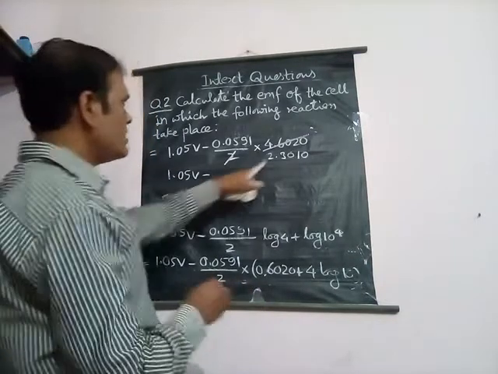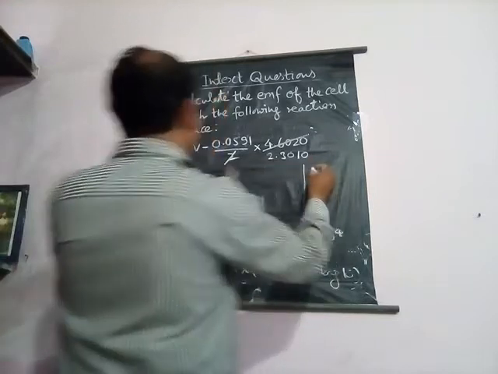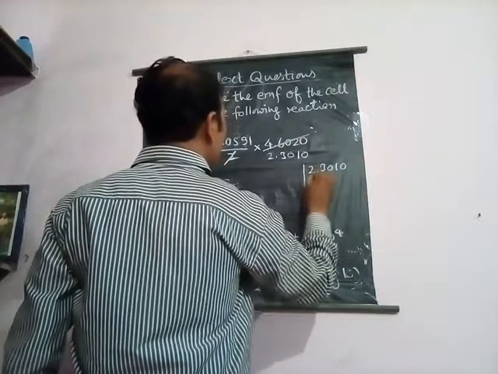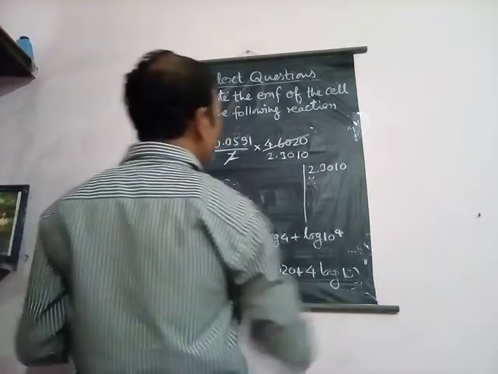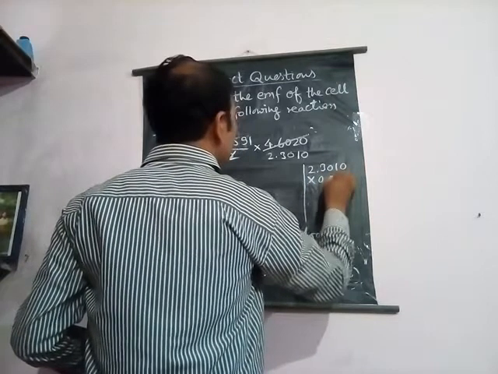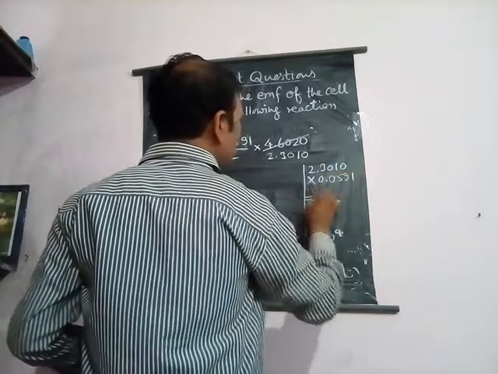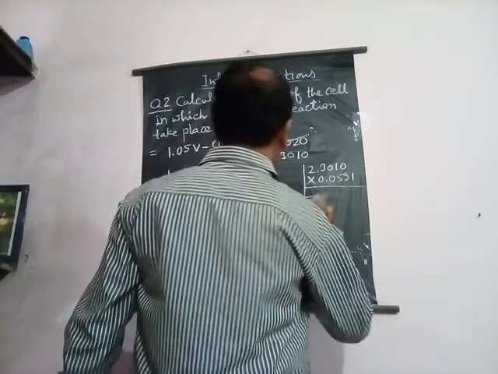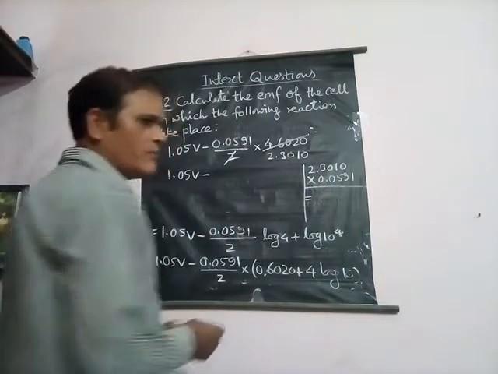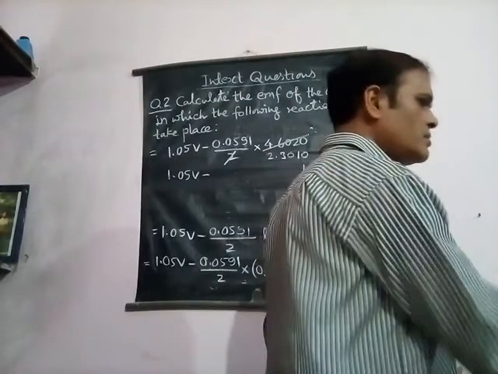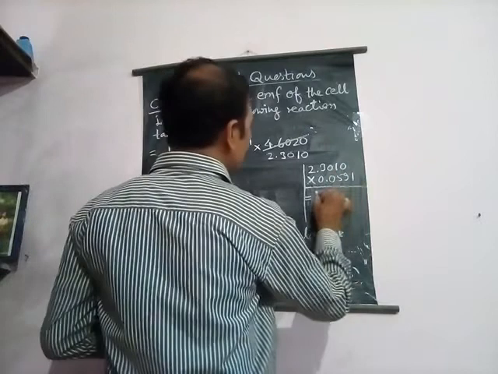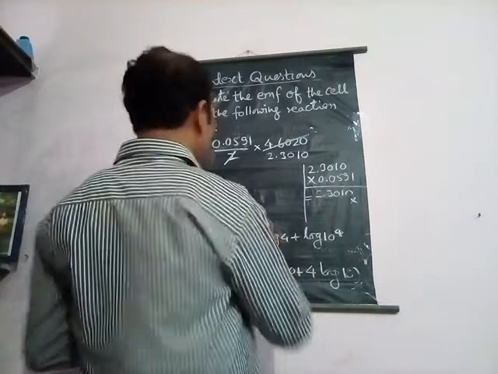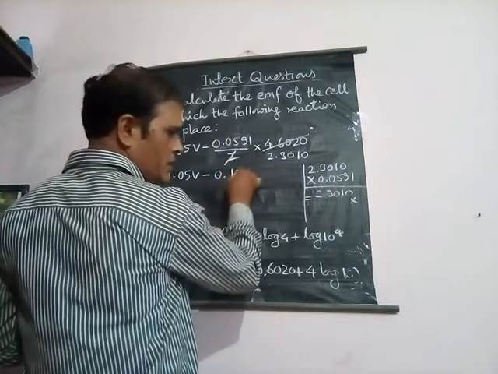So we will see what will be the calculation of it. Okay, let us see its calculation. 2.3010 into 0.0591, and that will be equal to, we will see its value with the help of the calculator. 2.3010 into 0.0591, you will get 0.136.